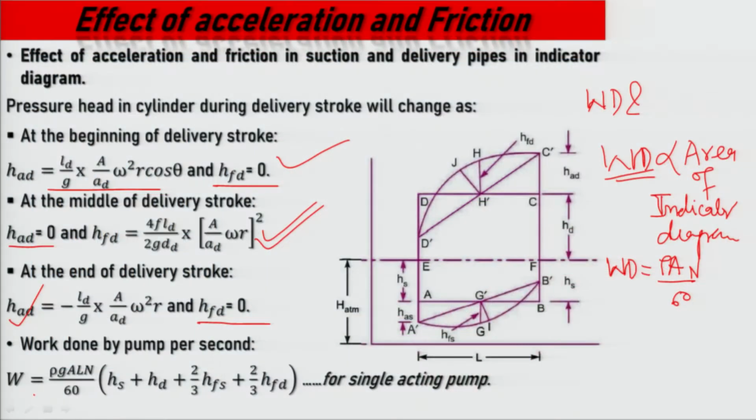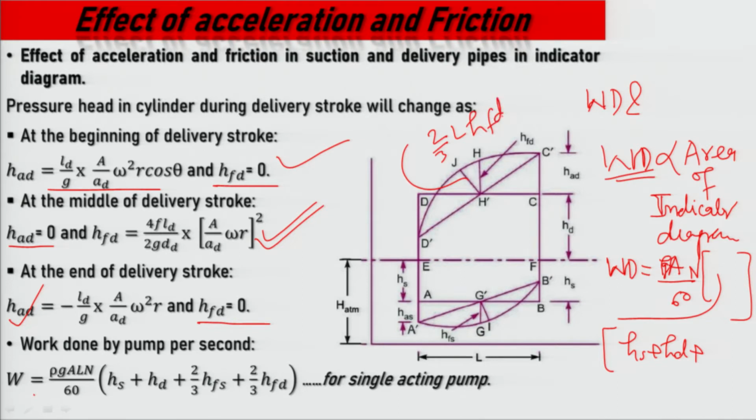In place of rho, it becomes rho g a l n, and in the bracket we have H s plus H d, because the area is H s plus H d into L, along with the area of the two parabolas. The area of a parabola is 2 by 3 L H f d.